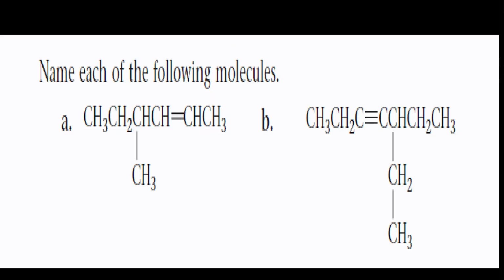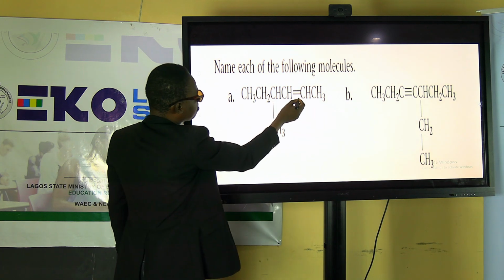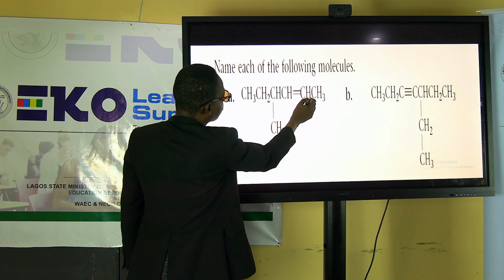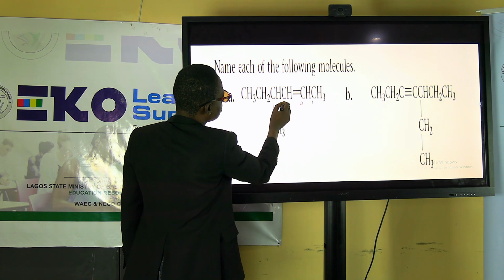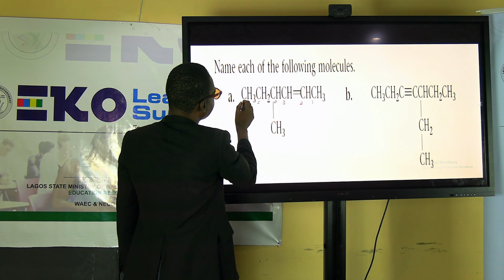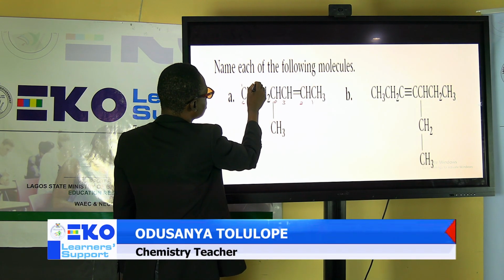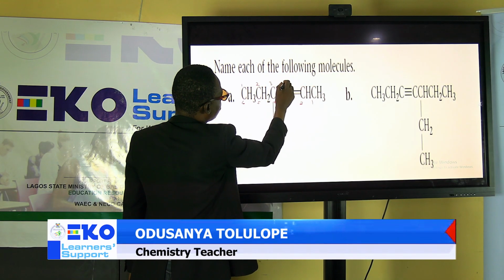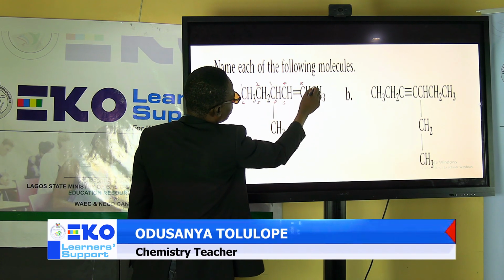Name the following compound. I hope you can name the following compound. So what you need to do, if I start from here, I have 1, 2, 3, 4, 5, and 6. Or you move 1, 2, 3, 4, 5, and 6.